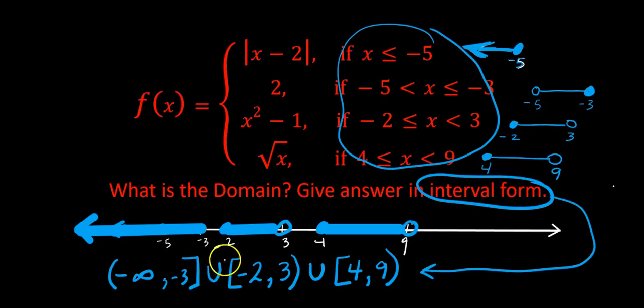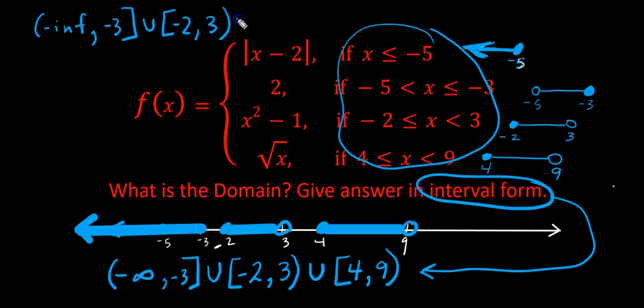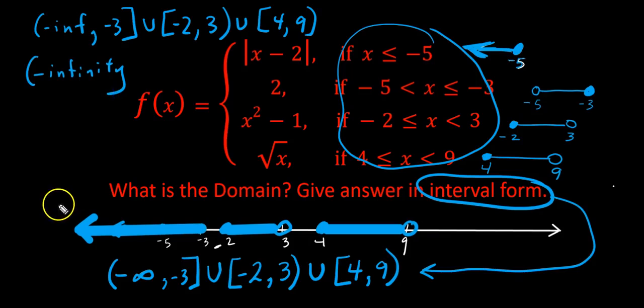If you were writing this in WebWork, there's no symbol on your keyboard for negative infinity, so you would type -inf. I don't know if your university uses WebWork, but where I teach they do. This is what you would type in for your answers. Sometimes they'll want you to write the entire word. It depends on what the instructions are.